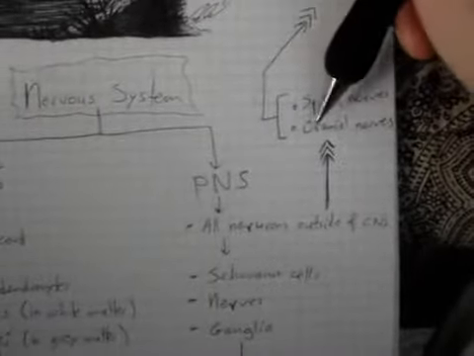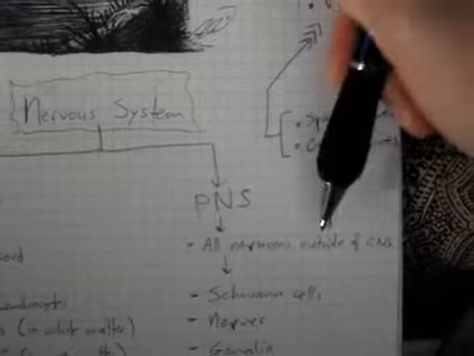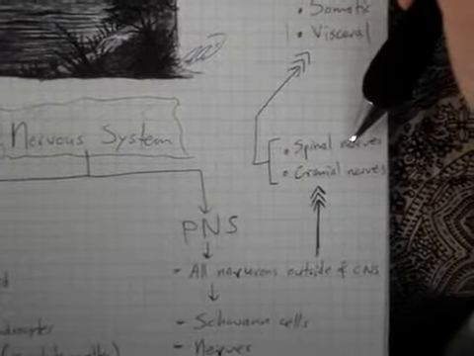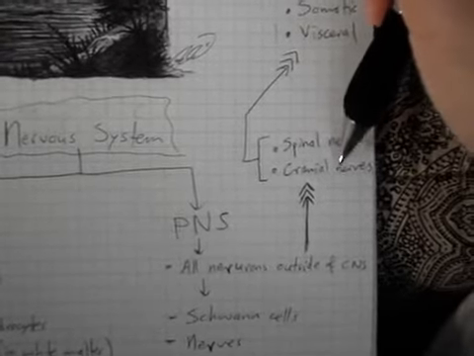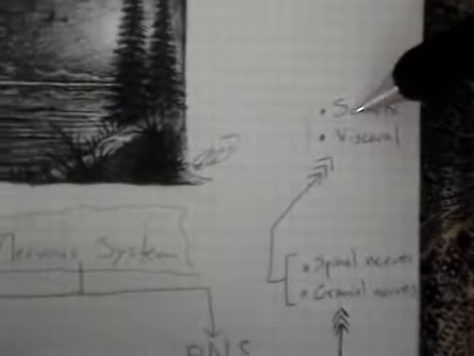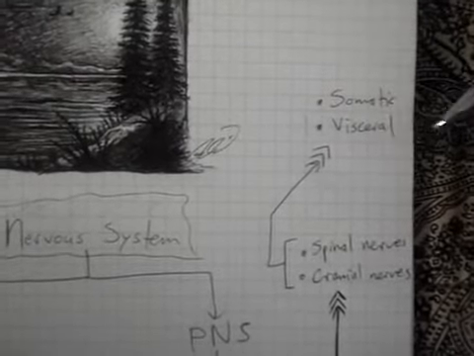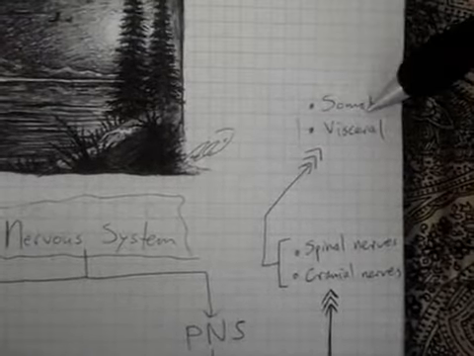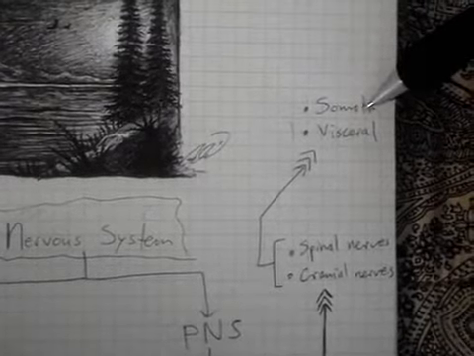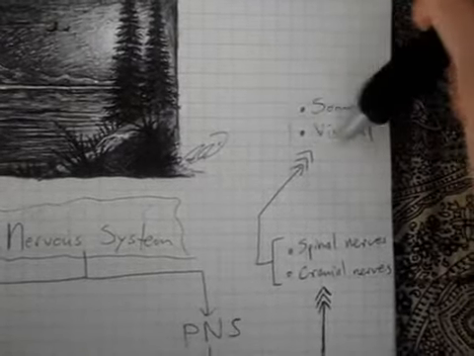So finally, the peripheral nervous system: the types of nerves it contains include spinal nerves and cranial nerves. Within both you'll have a mixture of somatic and visceral neurons. Somatic neurons are associated with the skin and skeletal muscles.